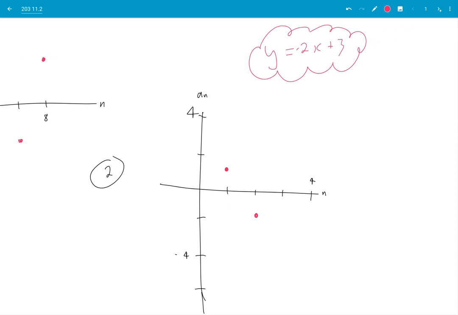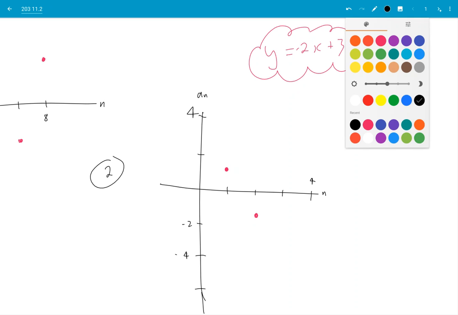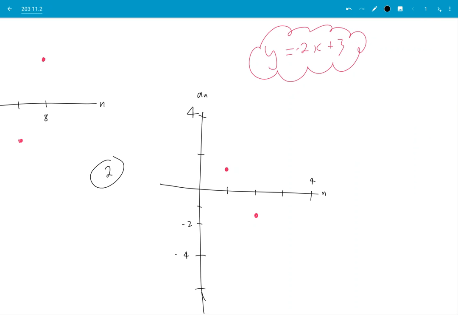Now, I screwed that up royally. This should be, let's adjust this a little bit. Minus 2. My first red dot's a bit too high. Sorry about that. The first red dot should be right at 1. And my second red dot should be negative 1.